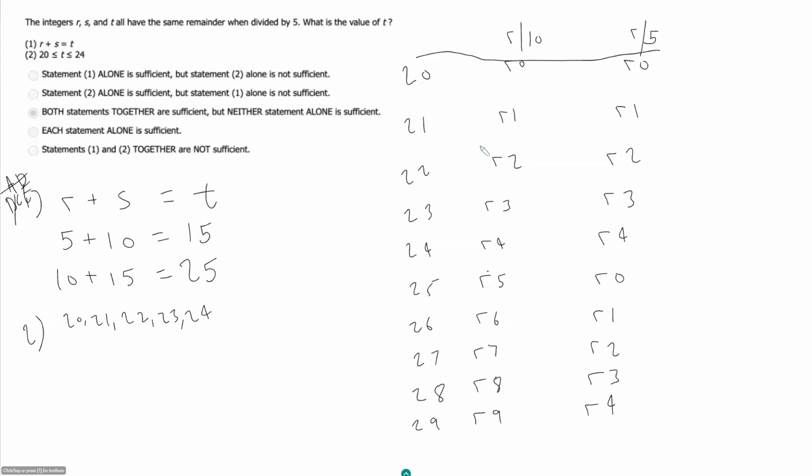So if we start off with some number with a units digit of 0, and we want to get to another number with a units digit of 0 or 5, I can add something with a units digit of 0 to something with a units digit of 5, and that should get me back to remainder 0. So 15 plus 5 gets me to 20, and that's within our range here, right? And so in this case, all our values have a remainder of 0, so that's one possibility.